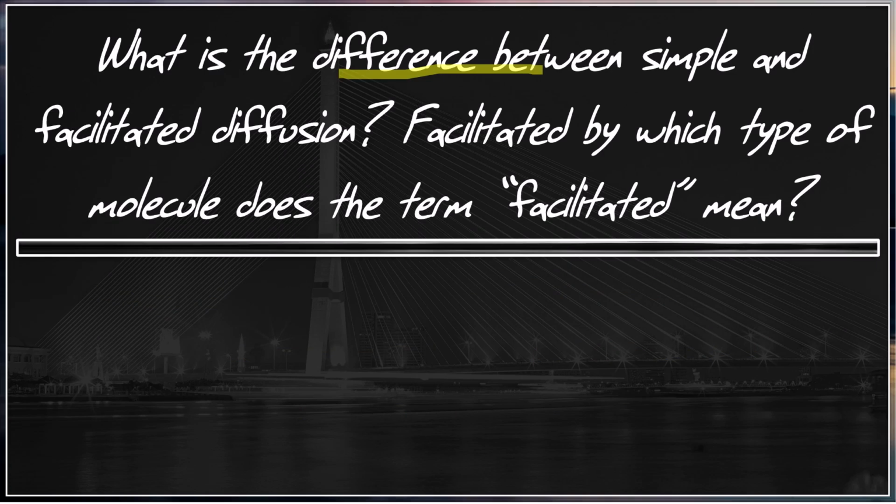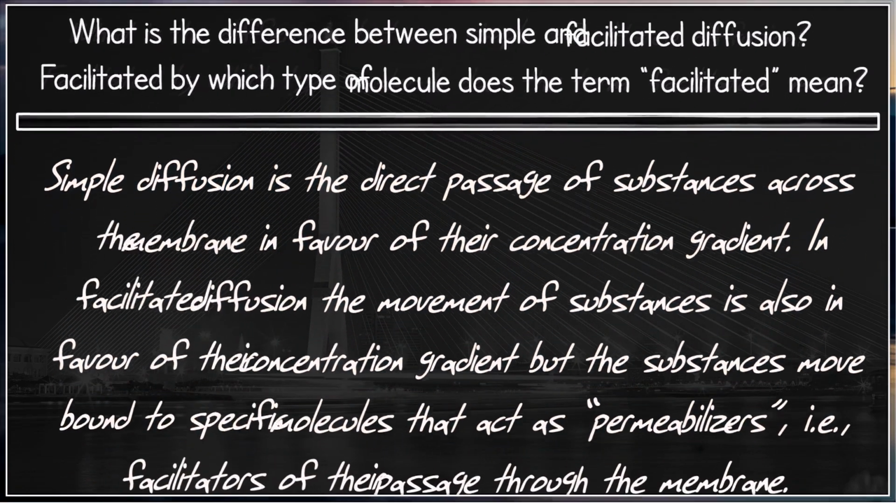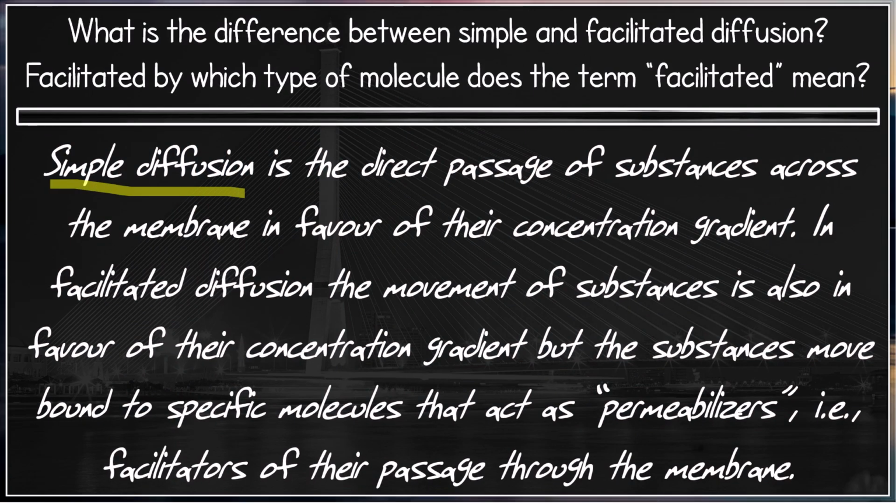What is the difference between simple and facilitated diffusion? Facilitated by which type of molecules does the term facilitated mean? Simple diffusion is the direct passage of substances across the membrane in favor of their concentration gradient.